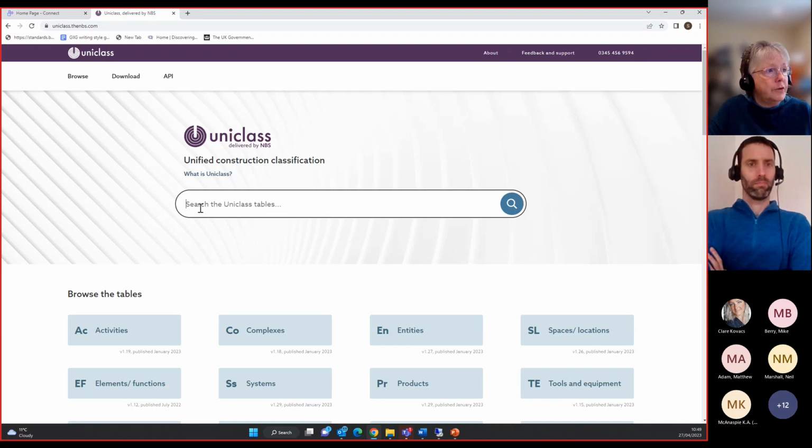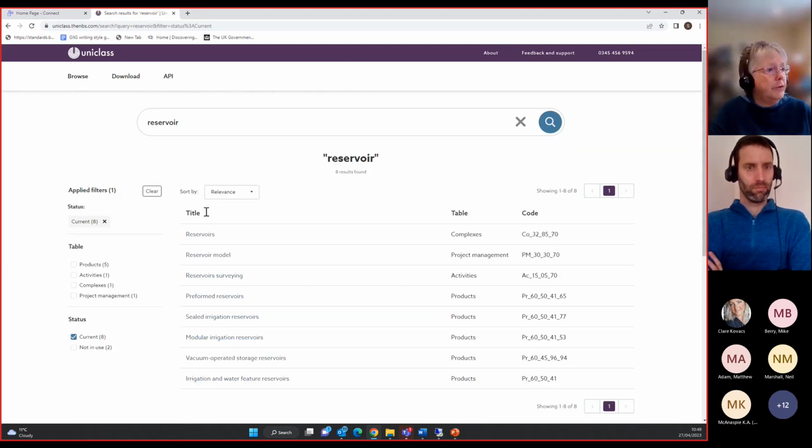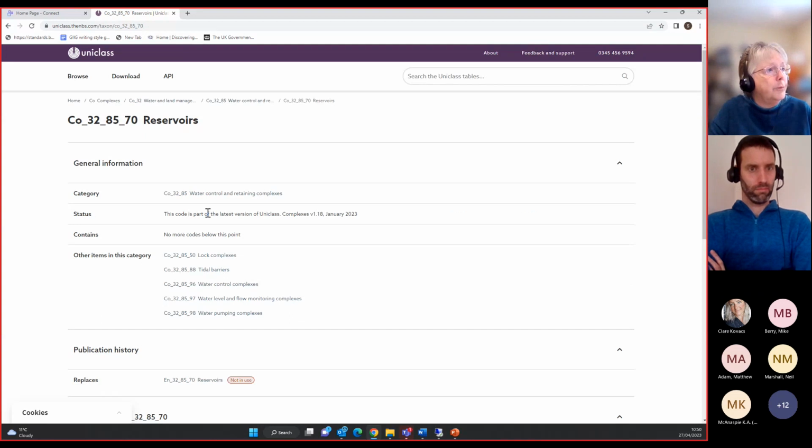You can either search for specific information, like, for example, searching for a reservoir, in which case you get a whole series there of options, and there we have the reservoir, and it's within the water control and retaining complexes, and it's alongside water level and flow monitoring, lock complexes, that sort of thing. So that's one way of finding your way around.